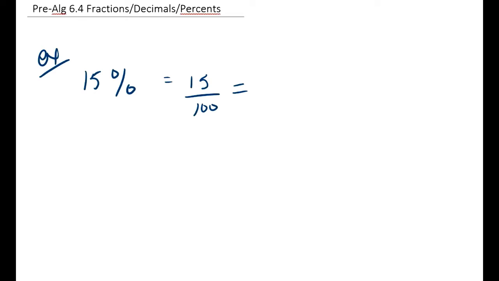And then we would reduce this. So we would think, okay, what's going to go into 15 and 100? And hopefully you come up with 5. So we're going to divide top and bottom by 5 and get 3/20.